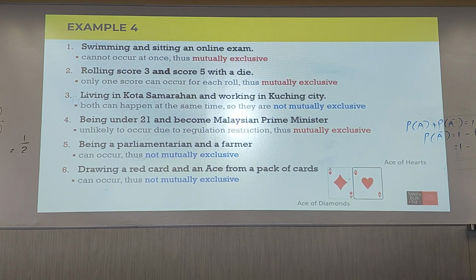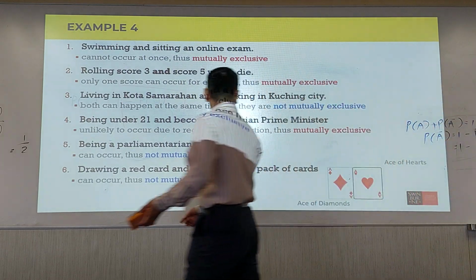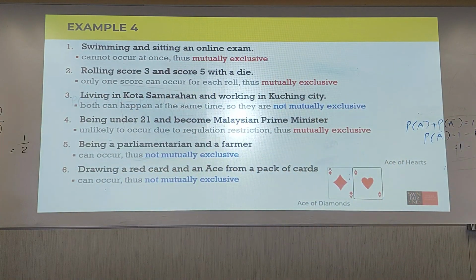Okay, so let's try a few examples. Check whether you know how to identify whether the two events are mutually exclusive or not. First question: the activities involve swimming and sitting an online exam. Are we able to swim and at the same time do the online exam?